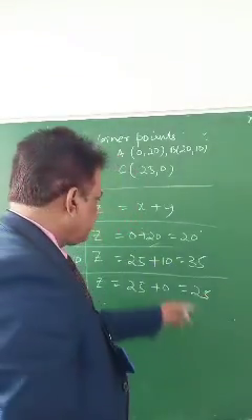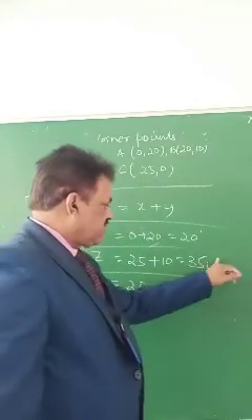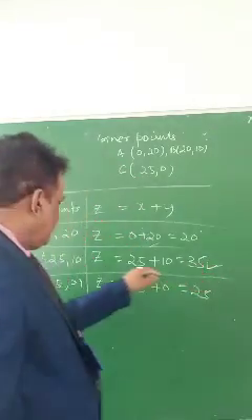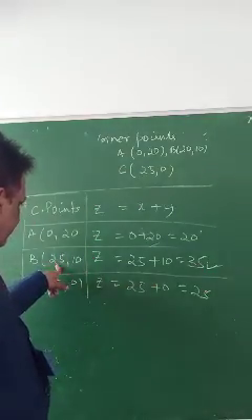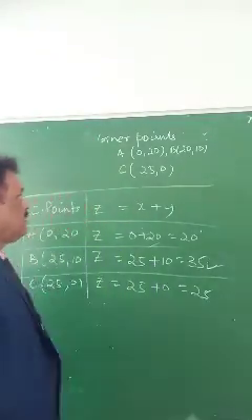Check now which one is maximum. This is your maximum value. So the maximum number of cakes is 35. Type 1 cake is 25, type 2 cake is 10.